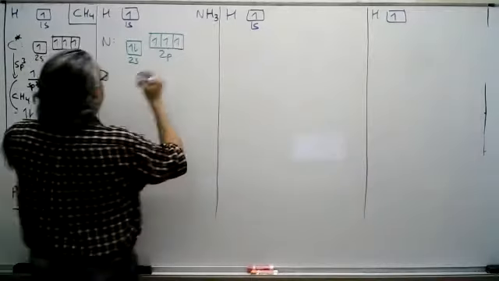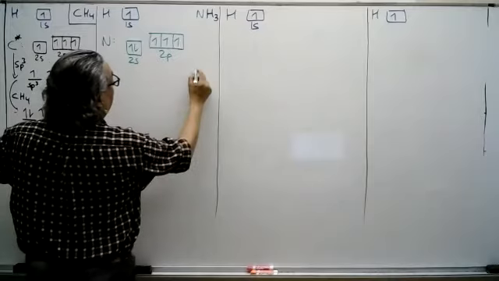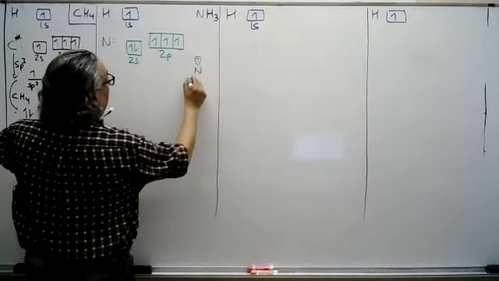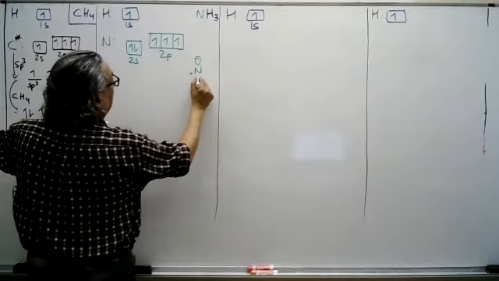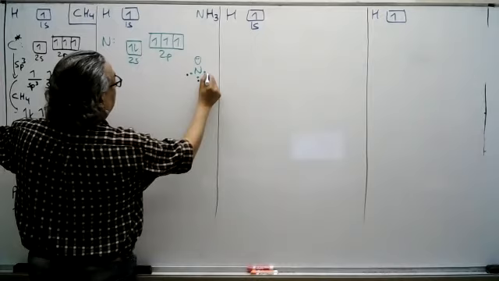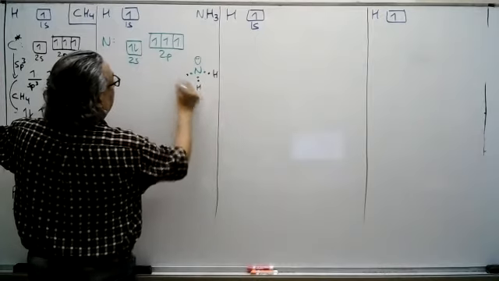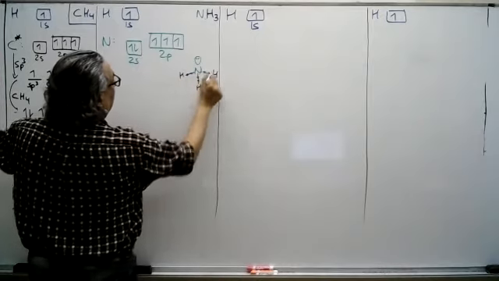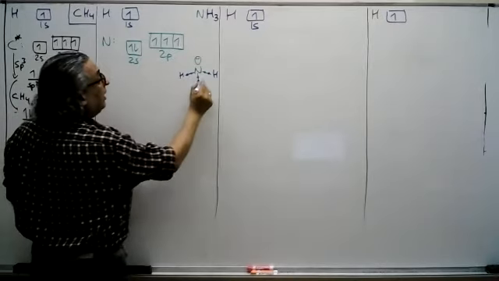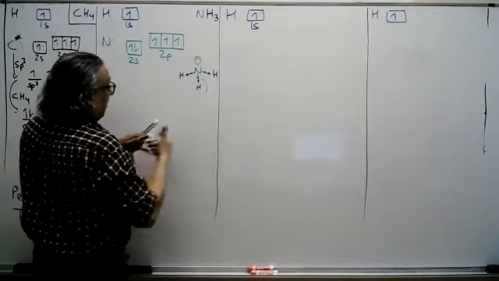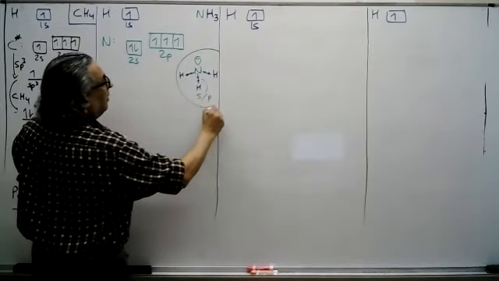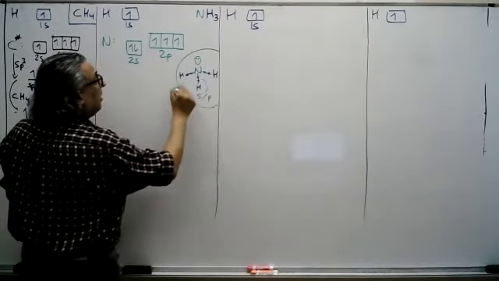When you actually see the nitrogen hydrogen bond with a lone pair, it has been found that the property of the bond is in between S and P. It's not just P.